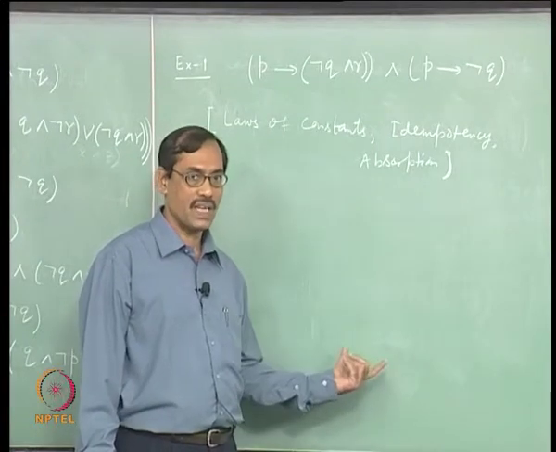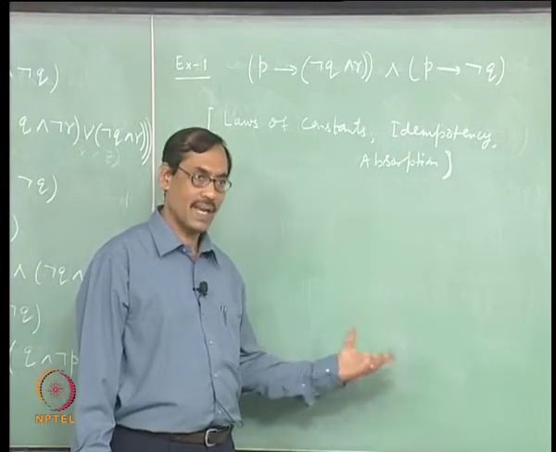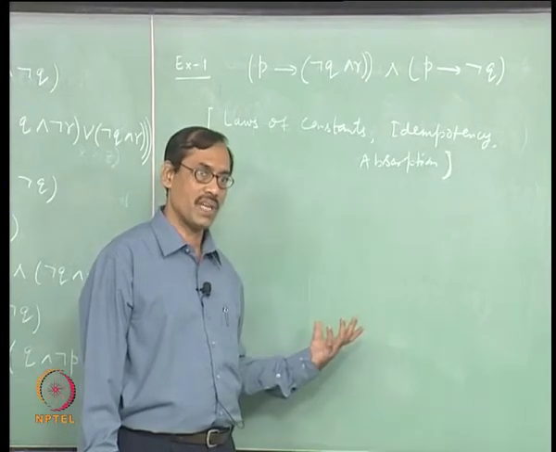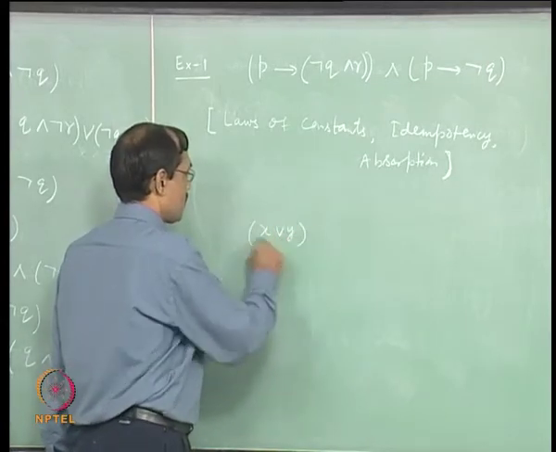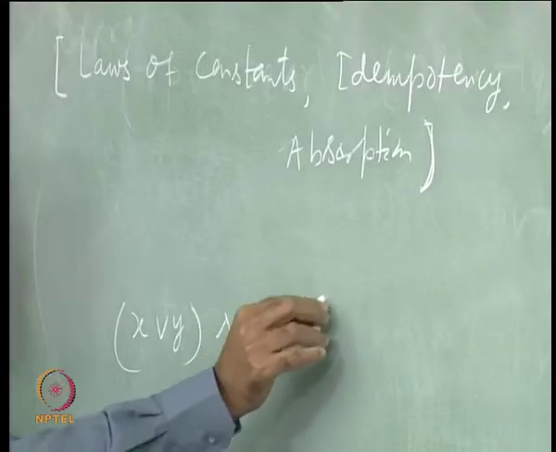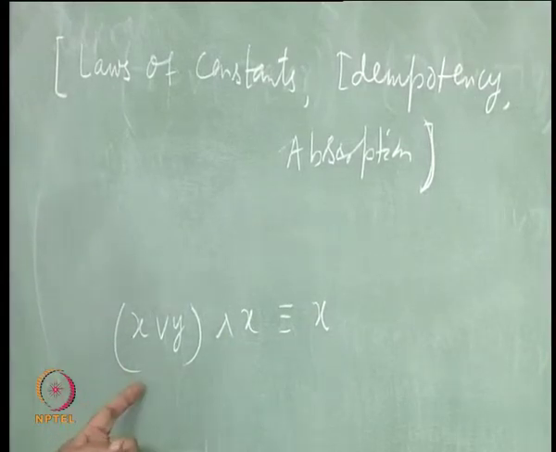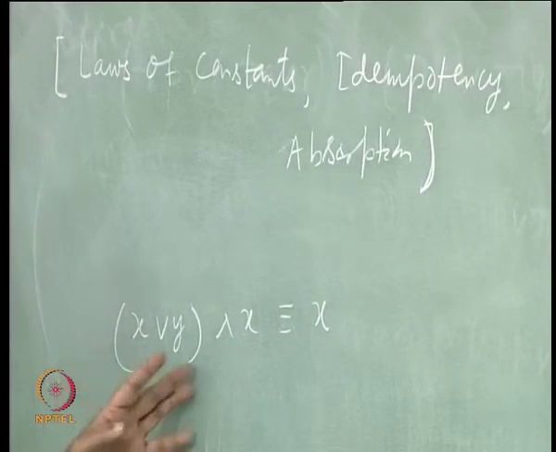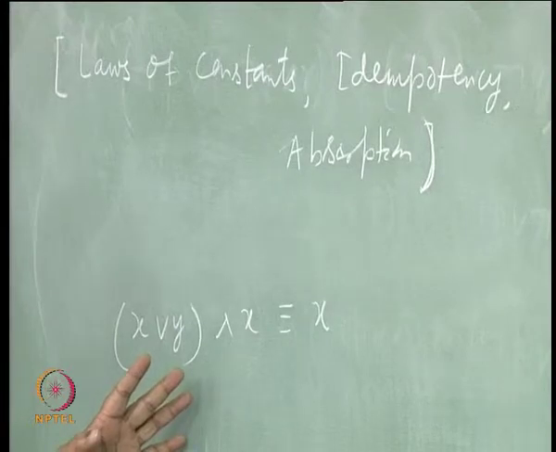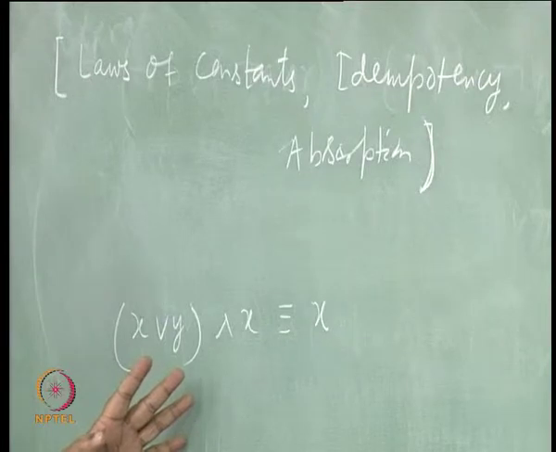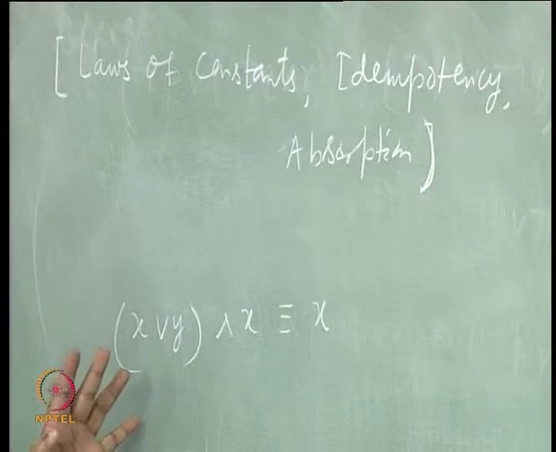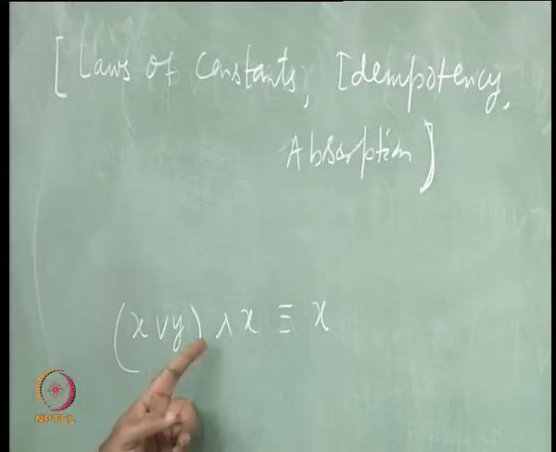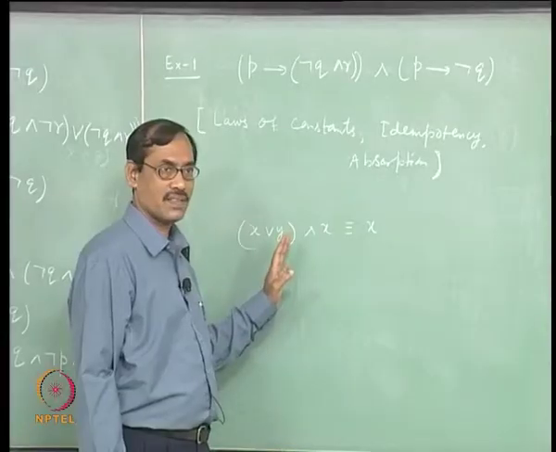If you have x or y, then you take and x, so that x is absorbed in x or y, fine. So, it says x or y and x is equivalent to x or y or x. Well, you think of union and intersection, let us say it is a set A union B and A and is intersection.